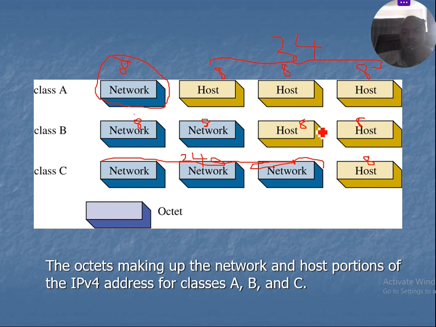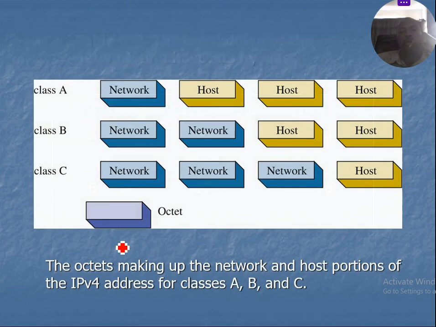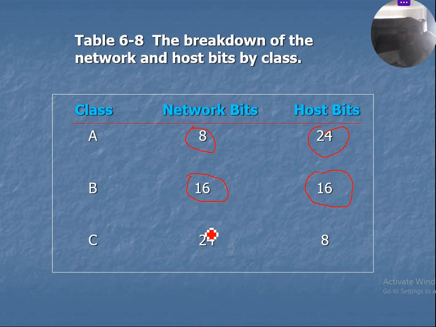And the host is also 8 plus 8, which is 16. So for a class B IP version 4 address, it's 16 bits for network and 16 bits for host. Then for class C, you can see 8 plus 8 plus 8 for network, which is 24. So we have 24 for network and we only have 8 for host. Is that okay? Now let's move on quickly.